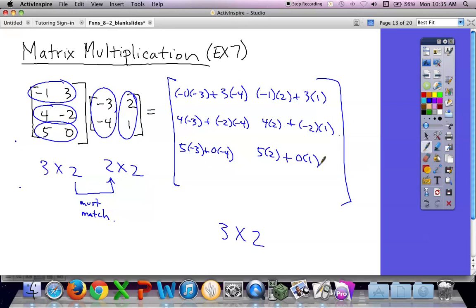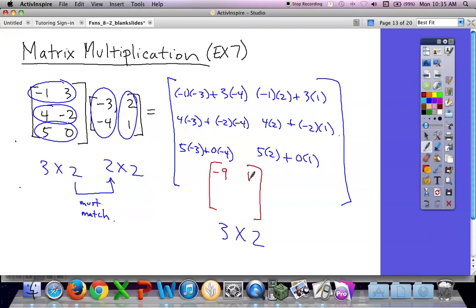And maybe I'll write it here. Right. The first one, that was -1 times -3 plus 3 times -4. That's 3 minus 12, -9. -1 times 2 plus 3 times 1, that's -2 plus 3 is 1.